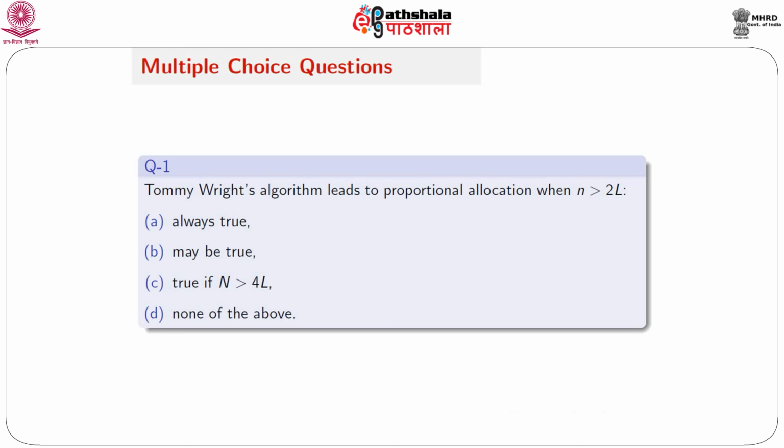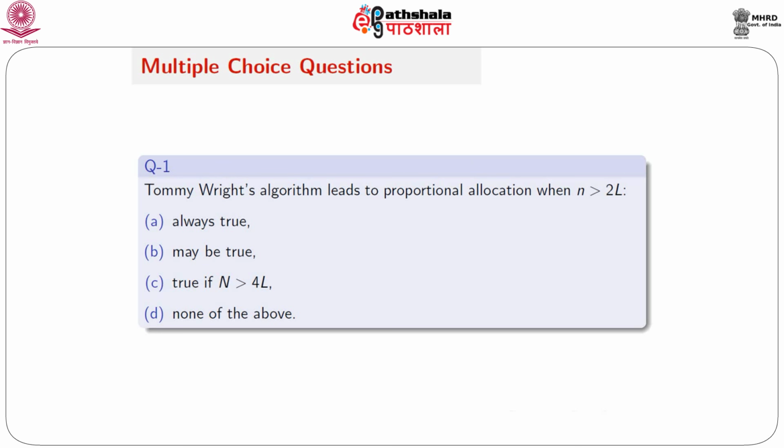Question 1. Tommy Wright's algorithm leads to proportional allocation when n is more than twice L. Is it always true? May be true. True if n is more than 4 times L, and none of the above. I did not tell about proportional allocation as such, but you must know proportional allocation in the context of stratified sampling.